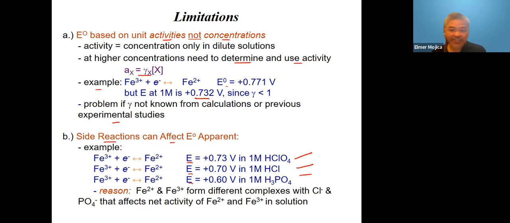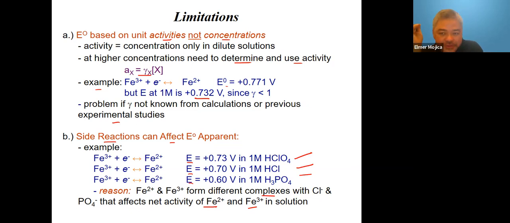Now, the reason here is because both the Fe2+ and Fe3+ form different complexes with the Cl- and the phosphate. And that results in changes in the net activity of the Fe2+ and Fe3+ in the solution. So sometimes the way that we learn it in Gen Chem, we simplify it.